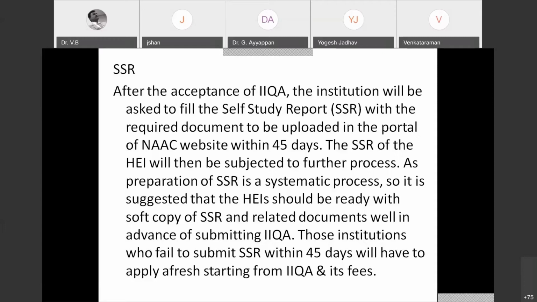And NAAC says that those institutions who fail to submit the SSR within 45 days will have to apply fresh, starting from the IIQA and its fees. As I told you earlier during the first session itself, it is system automated. So please ensure that you submit it within those 45 days.